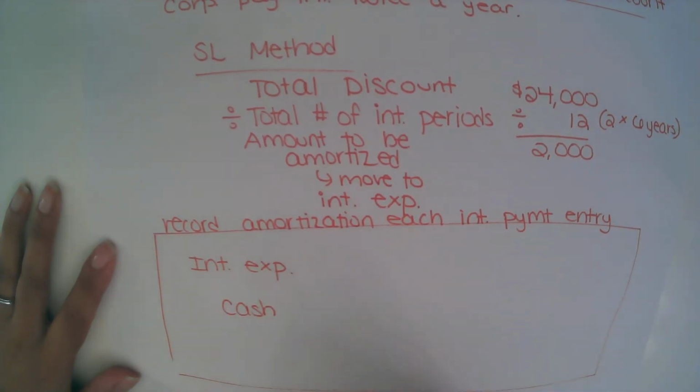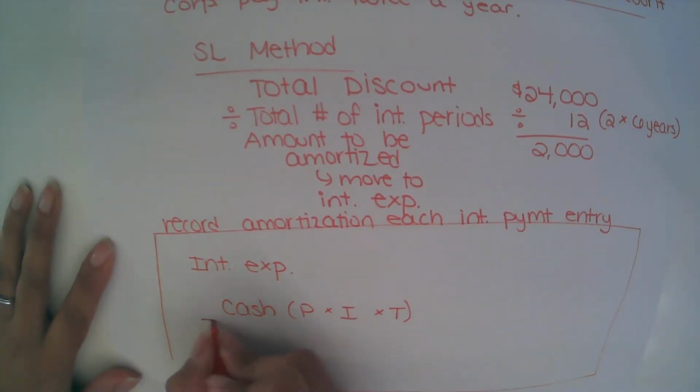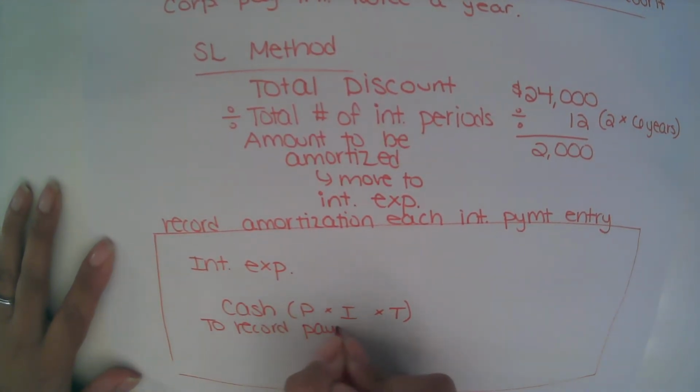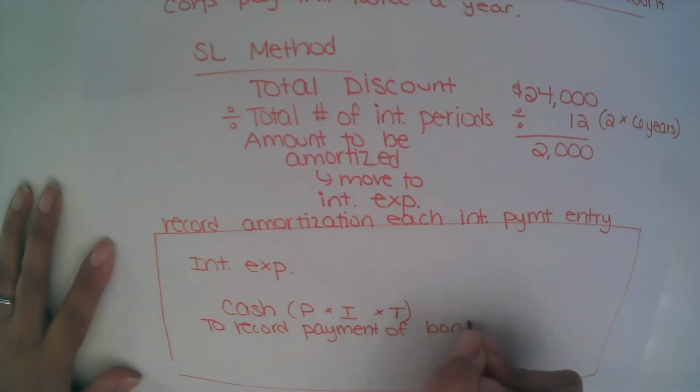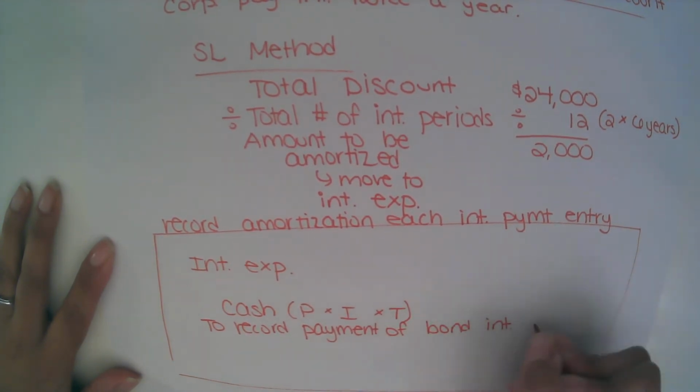We'll assume here that we are paying it. And we said the formula was PIT. This is to record payment of bond interest to bondholders.